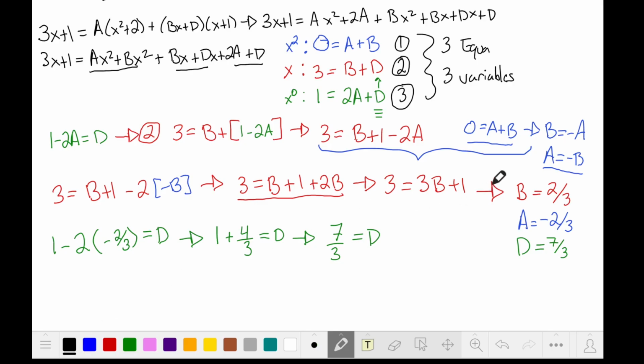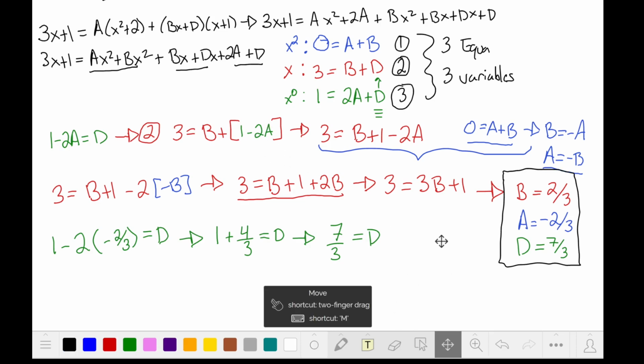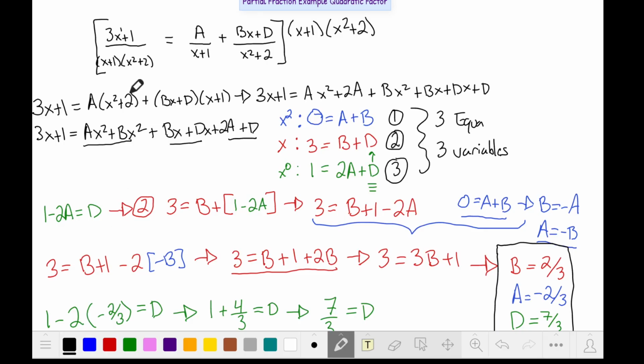And just like that, we've managed to find values for A, B, and D that satisfy this top expression in black. So we know that we can break apart this big equation, I was going to say ugly, but I like polynomials, though admittedly it does look a little complicated.